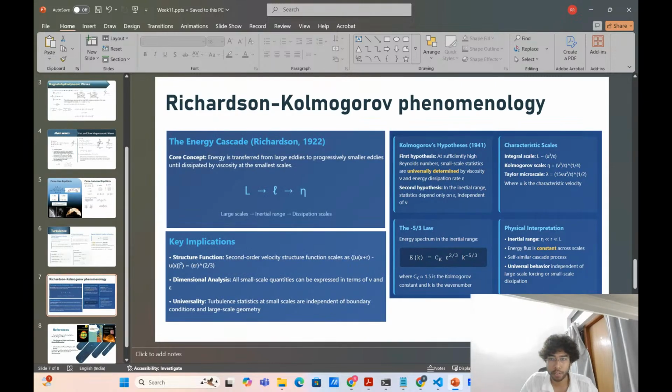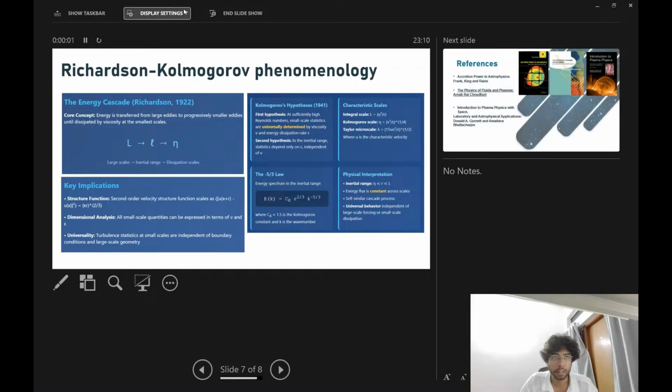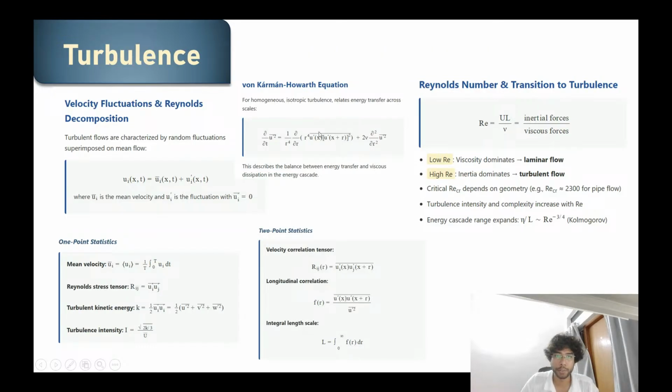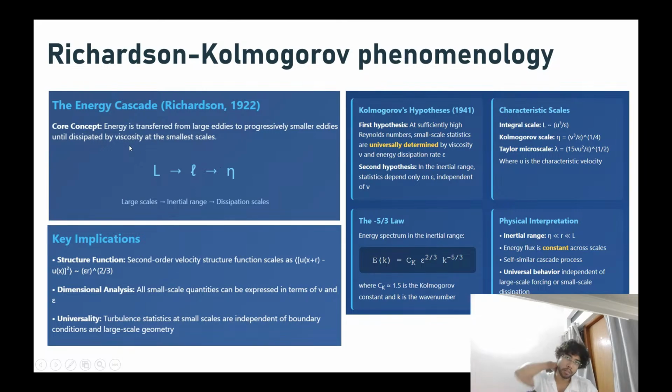Now we will just study one prescription of how to quantify this turbulence, and to study more about the energy cascade, which we also saw in the Kármán-Howarth equation. Richardson and Kolmogorov have this prescription where they said that in a turbulent system you have these eddies, or turbulent flow, which can dissipate their energy into smaller and smaller scales, and finally into the smallest scales where we don't have any turbulence.